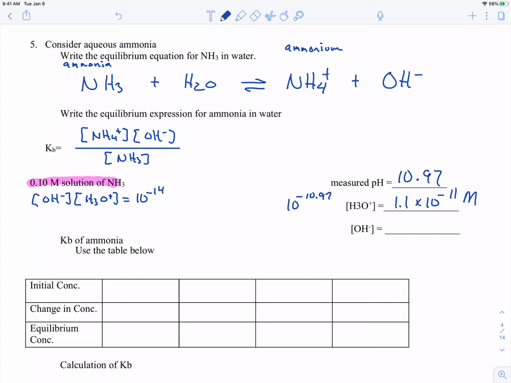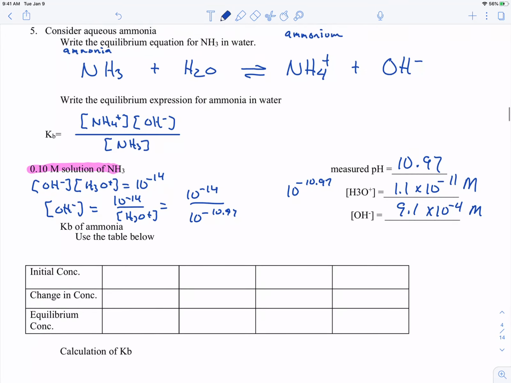So the hydroxide is going to equal 10 to the minus 14 divided by the hydronium, which we just measured. And we get 9.1 times 10 to the minus 4th molar, and that is going to be the hydroxide.